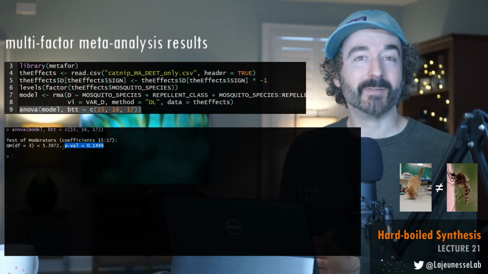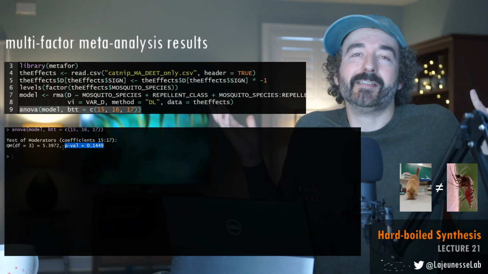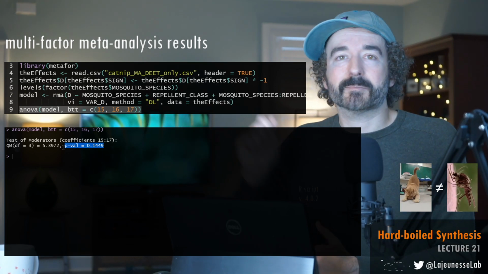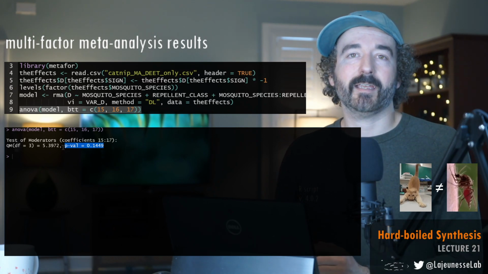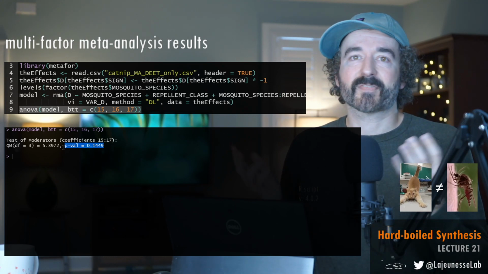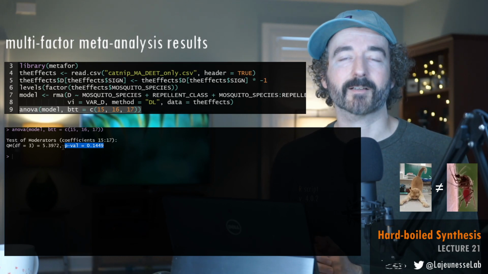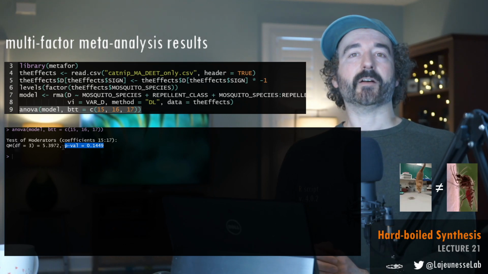That would just be the worst case scenario for me to describe, because I wouldn't know. Why would Aedes aegypti differ if you expose it to an essential oil versus a pure compound? That would just be bizarre. So now I don't need to even think about that complexity in my analyses, and I can move on.